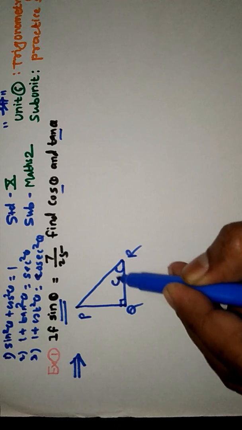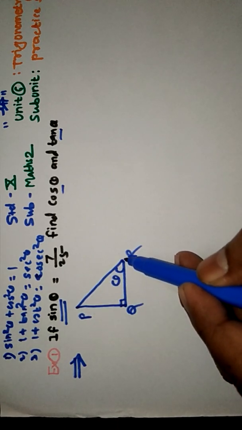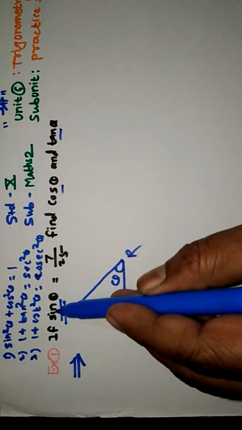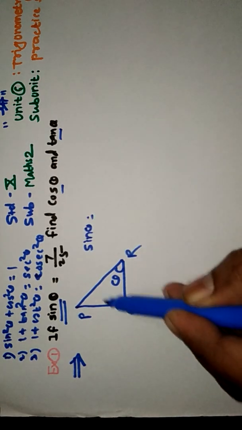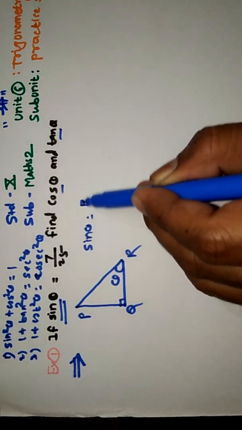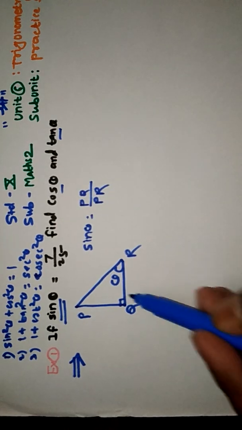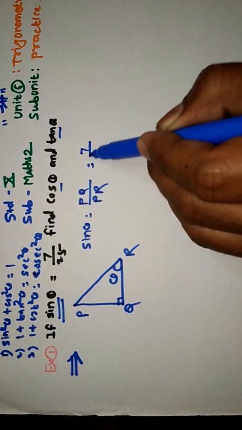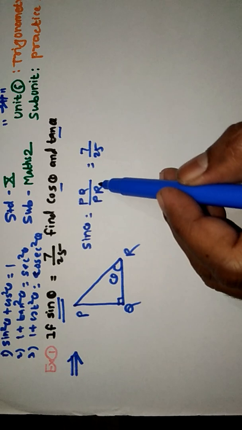Take one of the acute angles, R or P. We select angle R has measure theta degree. Then write the ratio of sin theta. Sin theta is opposite side upon hypotenuse, PQ upon PR, which is given here. PQ upon PR means 7 upon 25. This is the ratio, therefore we take K as their common multiple.